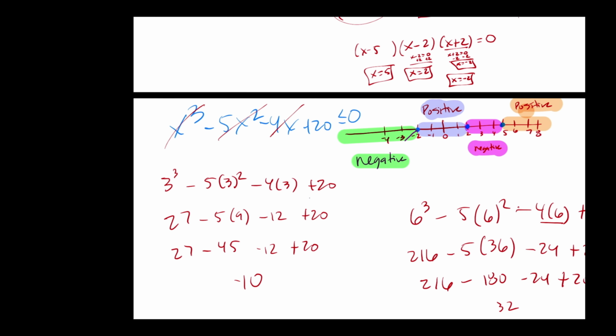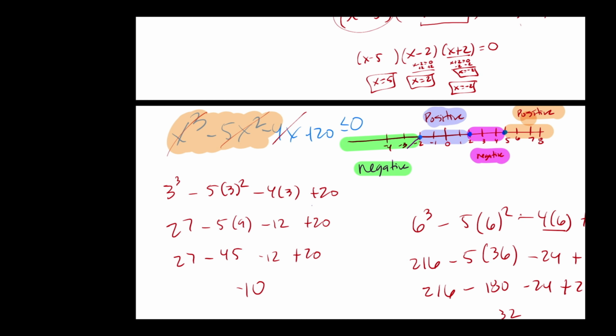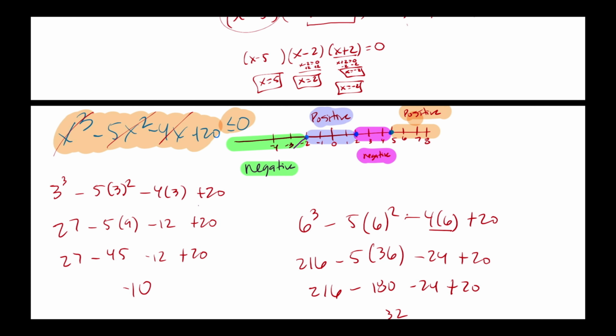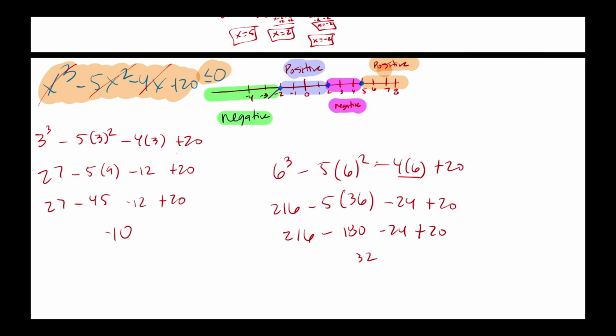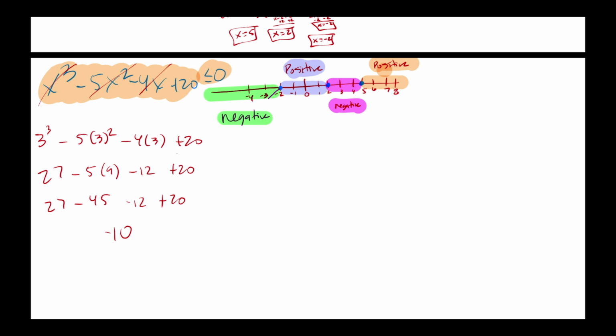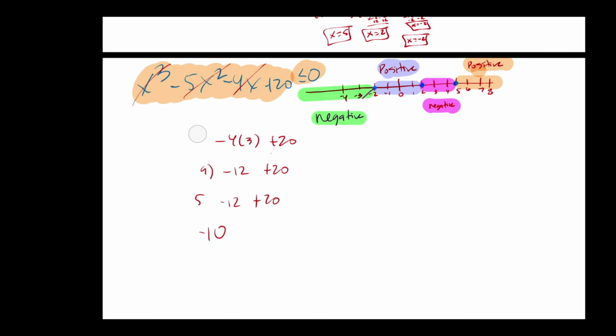So if we go back to the original statement that says, when is that expression less than or equal to 0, we can look here, and it's less than or equal to 0 in the green part and in the pink part. So how do I say that? Let's erase this and look at those areas now.